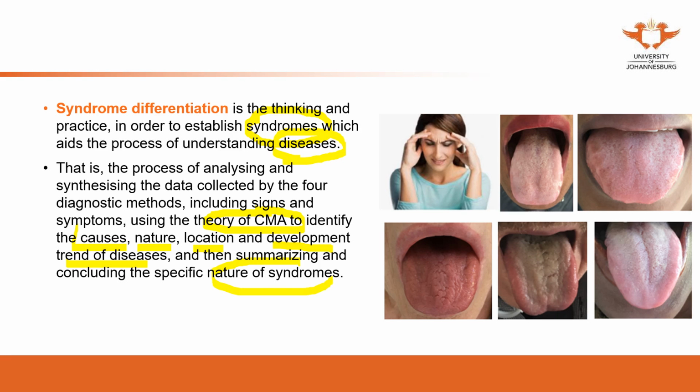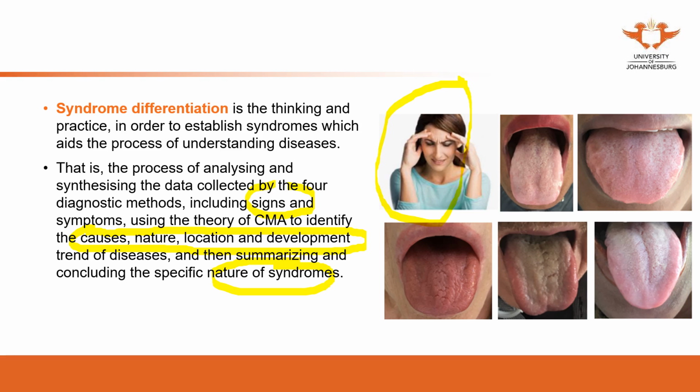So from this definition, when you see the process, you will understand that we focus on the causes, the nature, the location, and the development of the disease. How to do so? We need to gather the symptoms and signs. For example, this patient suffers from headache.